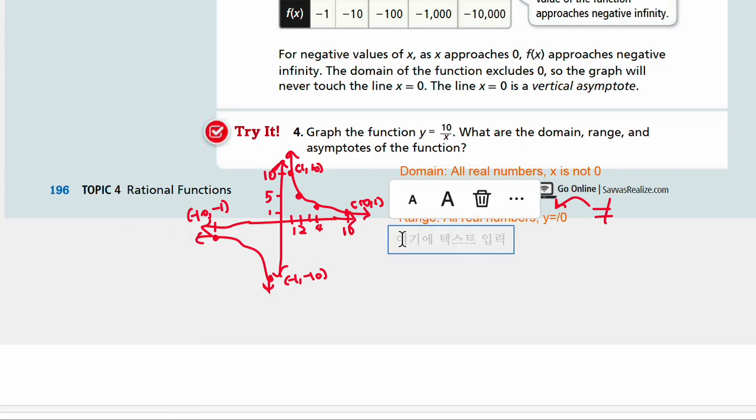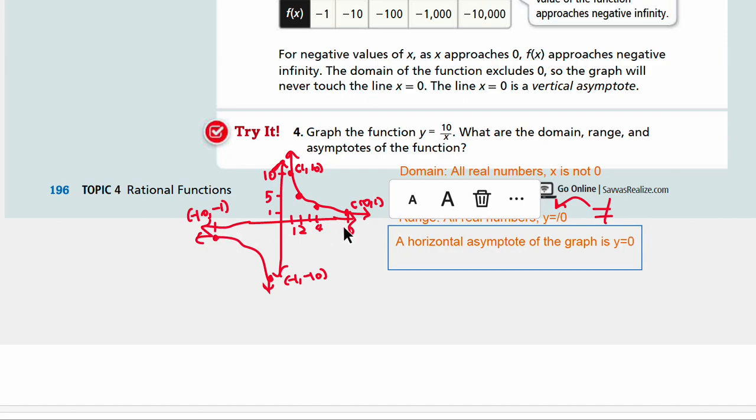Asymptotes. So there is a horizontal asymptote where y is equal to 0. That is the horizontal asymptote, right? And then there is a vertical asymptote where x is equal to 0.